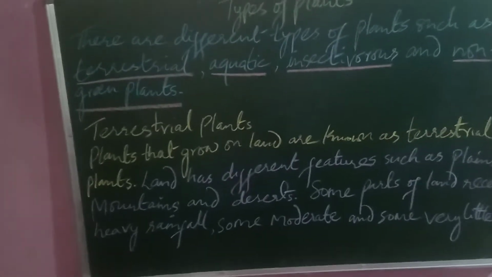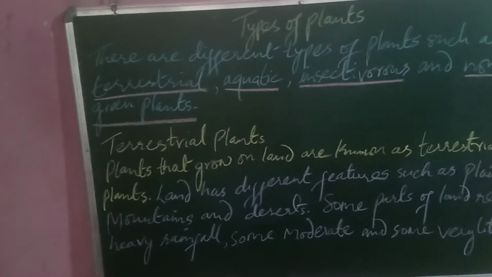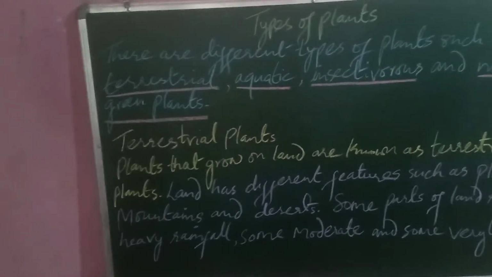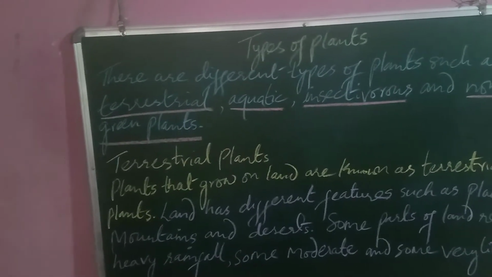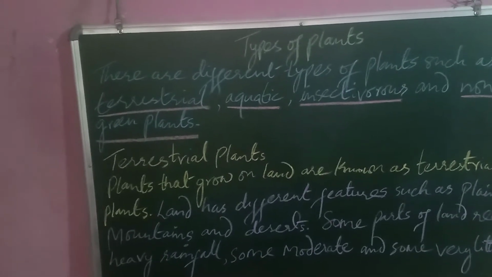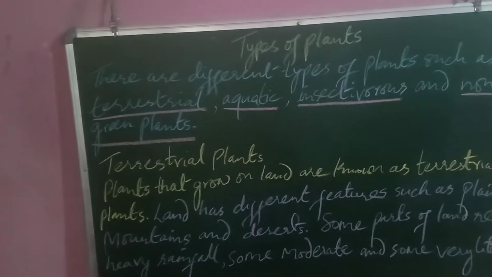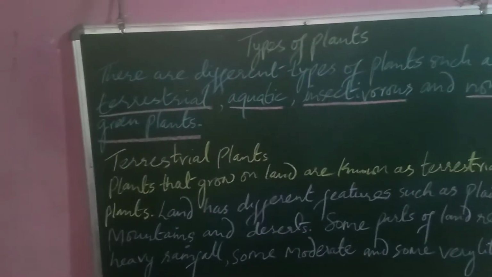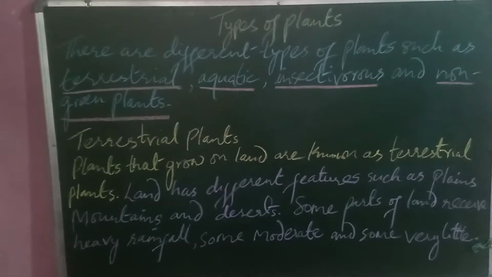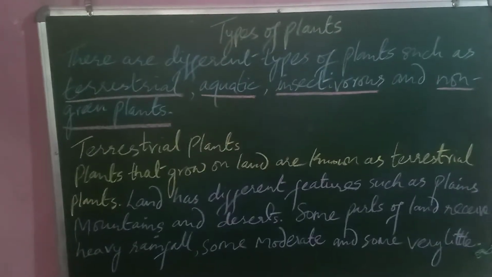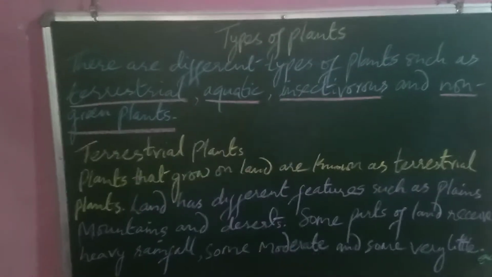The terrestrial plants are generally found in places like land and plain areas, and there are different lands. Some areas receive heavy rainfall, where some areas receive very little rainfall.